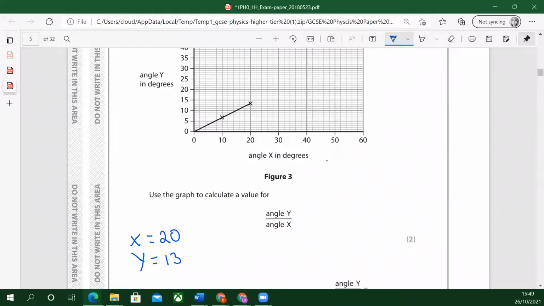So angle Y, let's think what to do with these numbers. Angle Y is 13 over 20. All you're doing is finding a value, so you're just putting those numbers into a calculator. If we put 13 divided by 20 into a calculator, you're always allowed a calculator, we get 0.65.